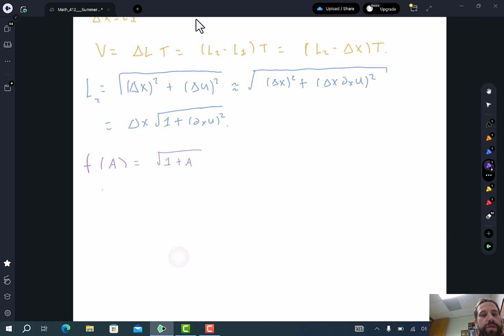And now I want to Taylor expand, really Maclaurin expand, at 0. And so I'm going to get f of a is equal to f of 0 plus f prime of 0 times a plus higher order terms.